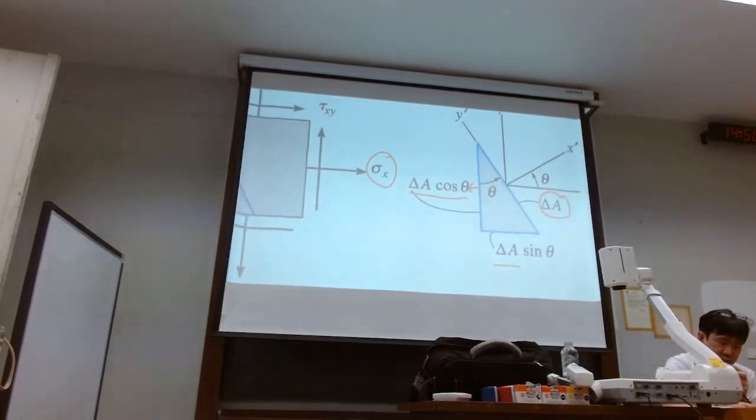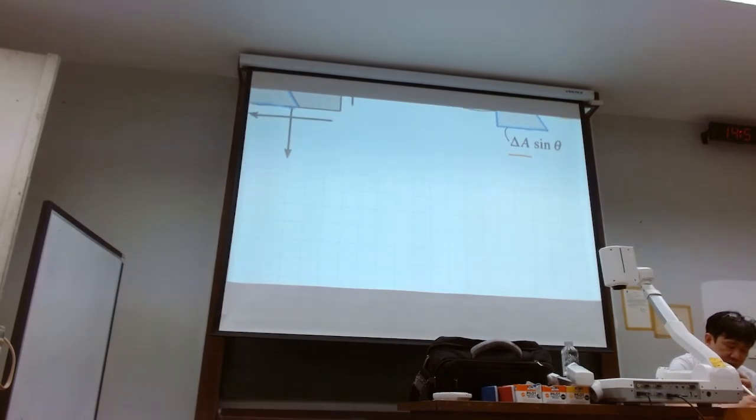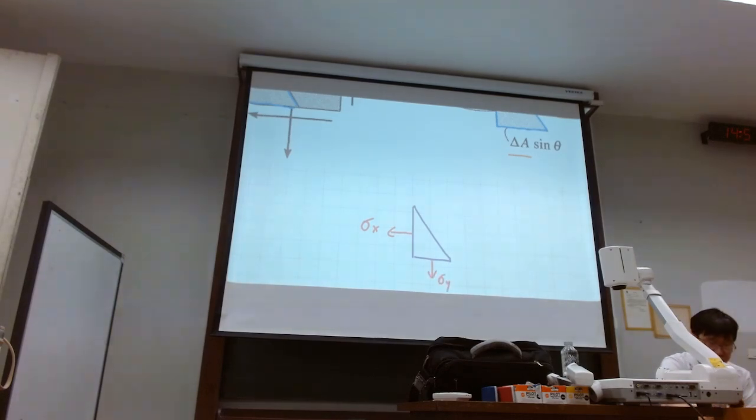So how do we do this quickly? Let me just draw this right here. On the left side, you're still going to have the stress in x. On the y side, you still have the stress in y. But the area over here would be delta A sine theta.